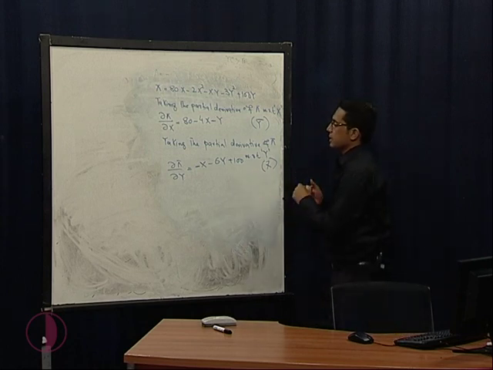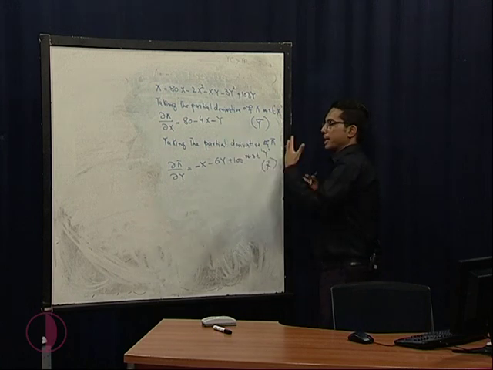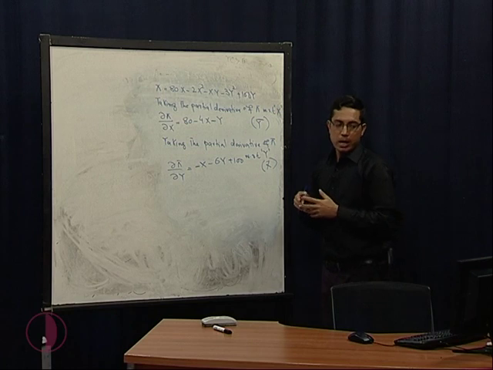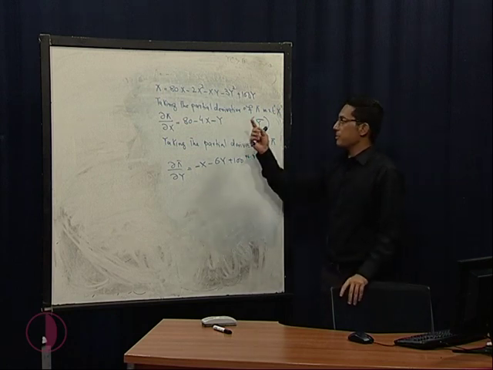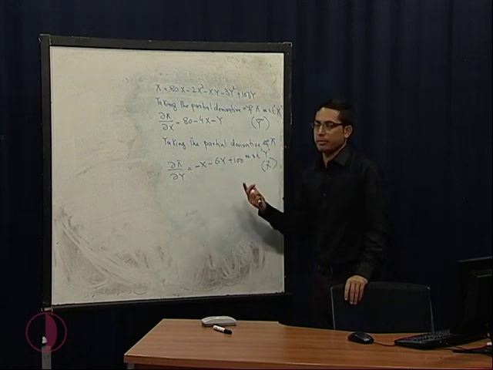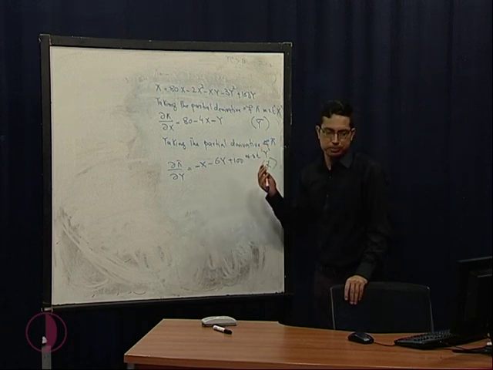Now, this was the partial derivative, how we take partial derivatives when we have more than two variables. Now, what is a multivariable function? A multivariable function is a function where we have multiple variables. So how can we maximize a multivariable function?